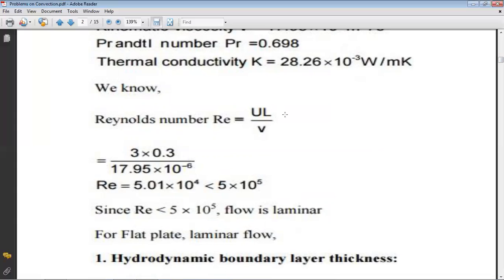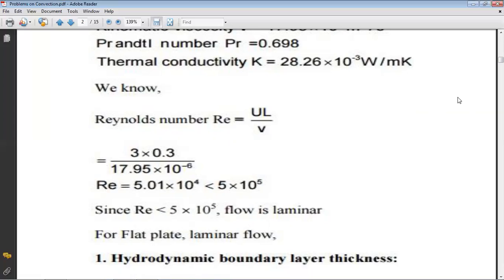If it is rho VL upon mu, that mu is nothing but dynamic viscosity. You can put any of the formula. You will have the property values for kinematic viscosity as well as dynamic viscosity. Where V is nothing but the velocity, and L is nothing but the length at which you need to find the boundary layer.